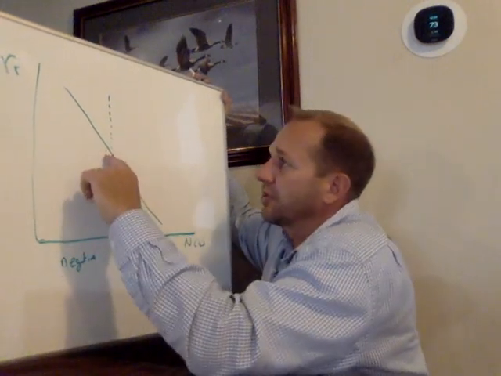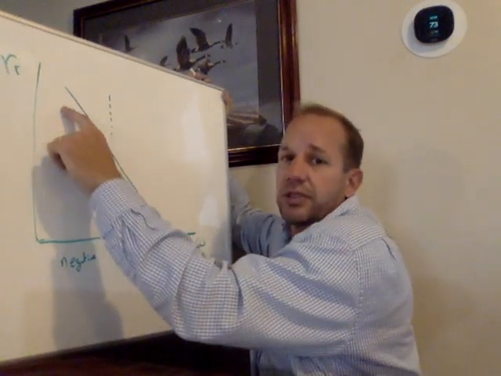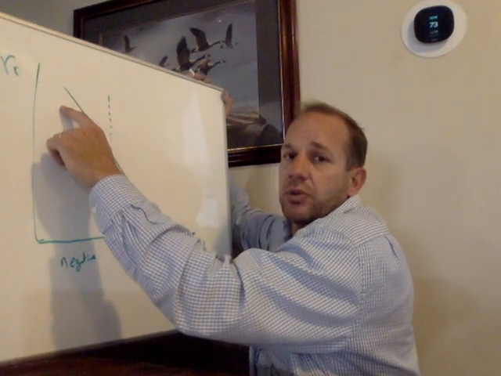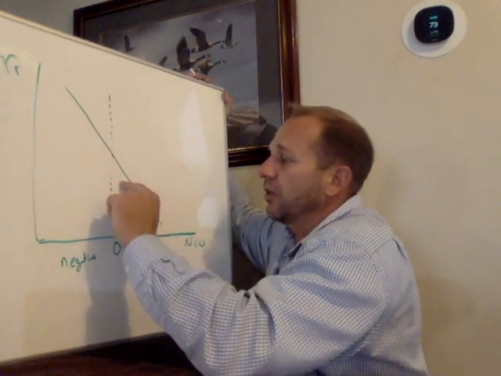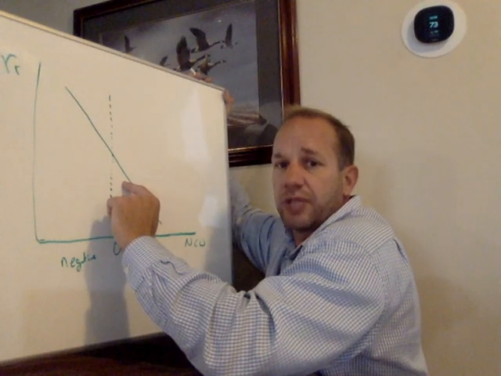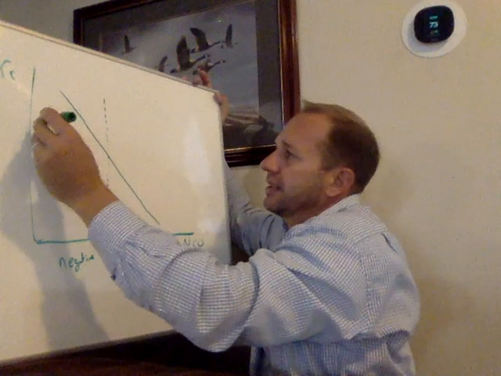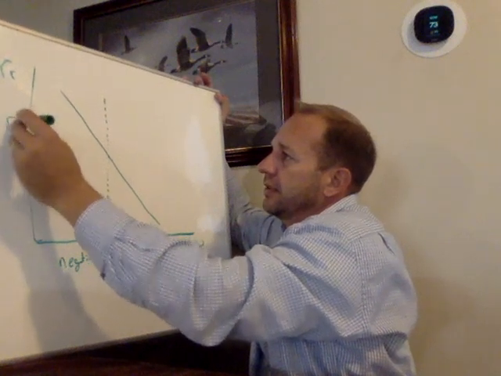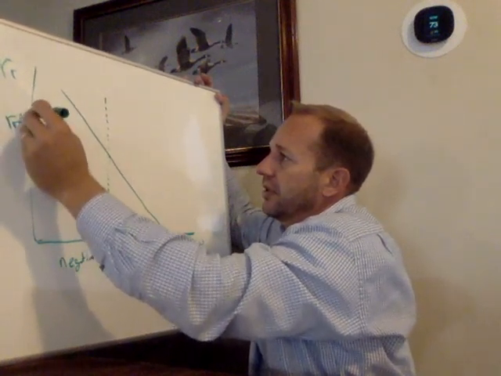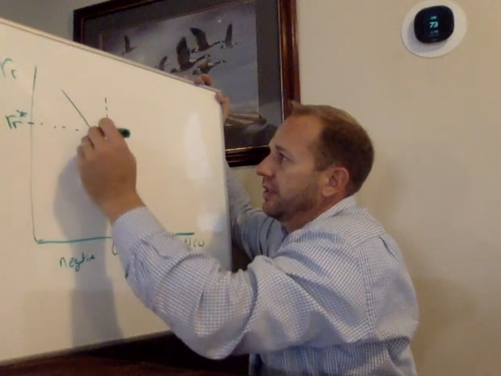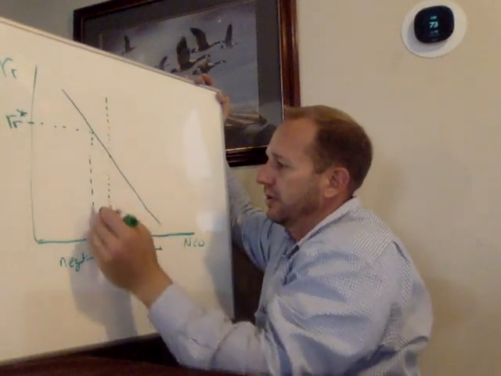And that would correspond to higher real interest rates. If we had lower real interest rates, like let's say here is where we are to start. Well, that would land our net capital outflow here.